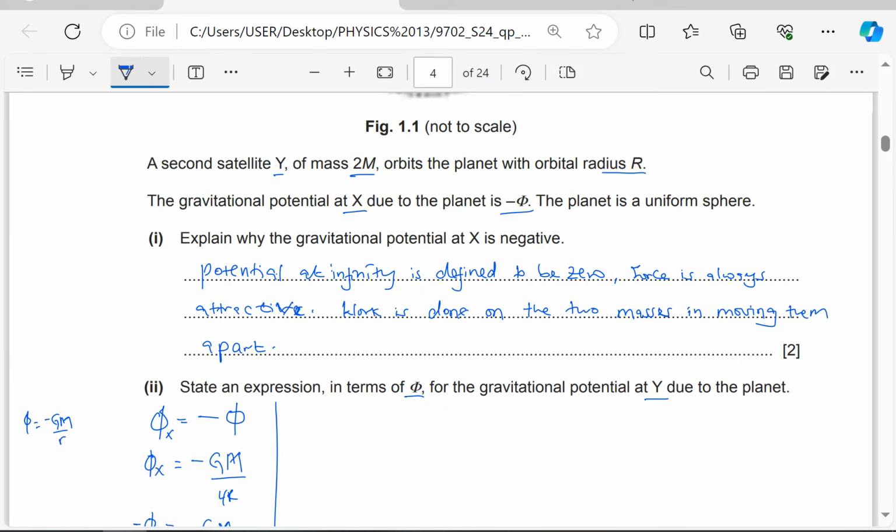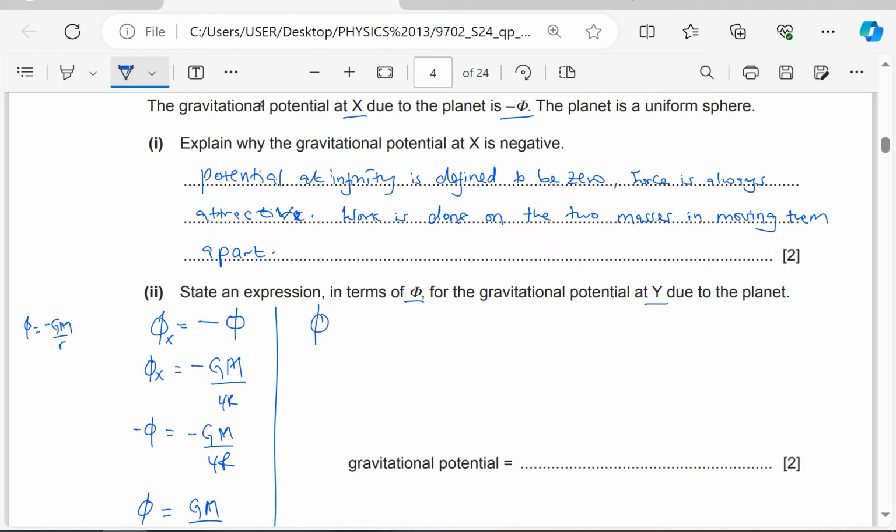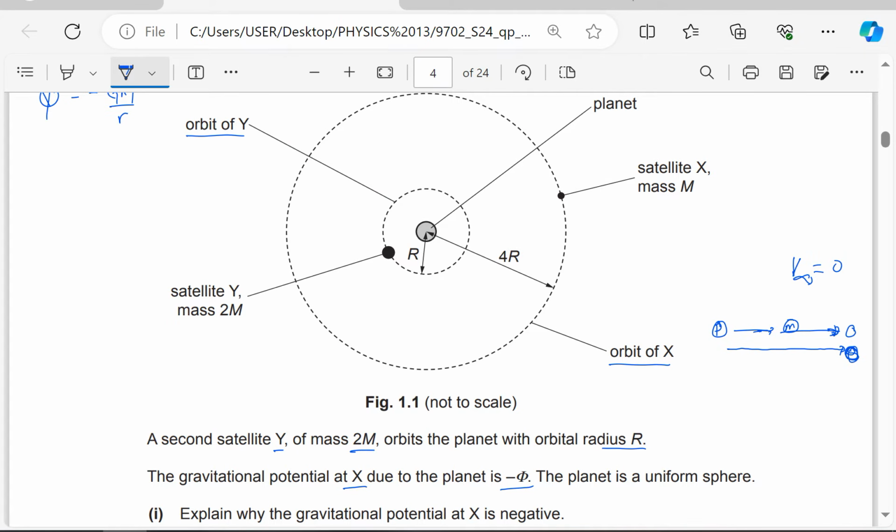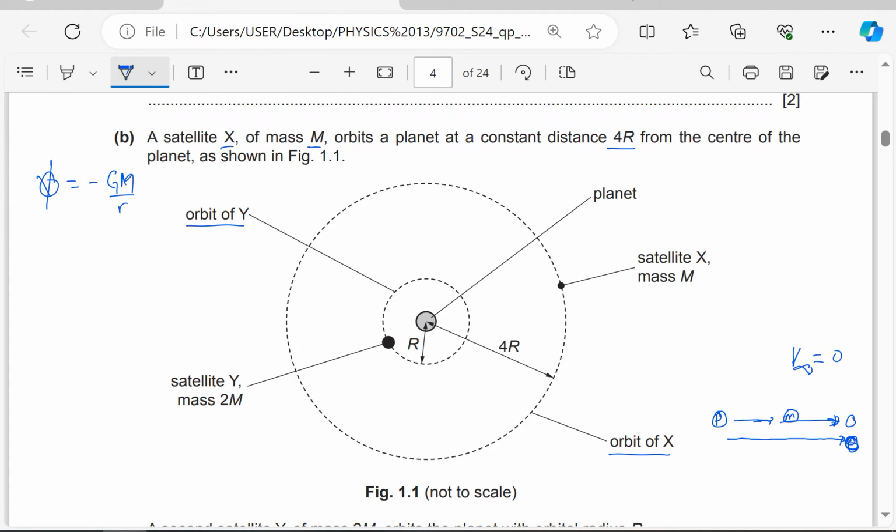Then I'll use phi y. So phi at y is going to be negative G, capital M, mass of the planet, over the distance. Y is a distance of r from the center. Now, I'm not using the mass of the satellite that orbits a planet at a constant distance.